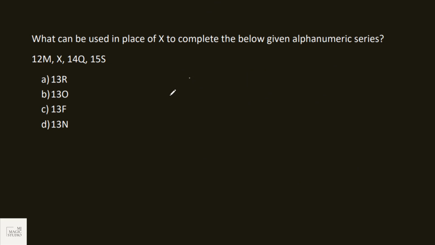Again, one more on completing the alphanumeric series. 12, then missing, 14, 15. Obviously, it fits in 13. 12, 13, 14, 15. Then we have M, missing, Q and S. Now, M is the 13th alphabet, Q is 17th, and S is 19th.